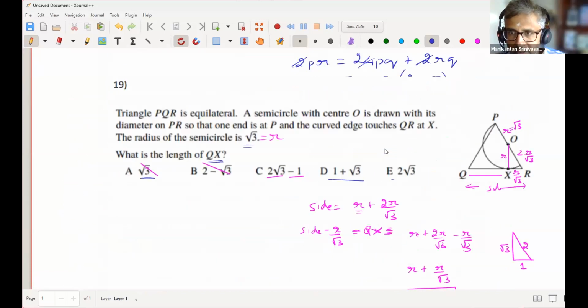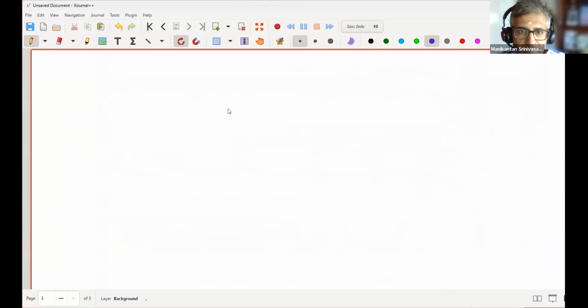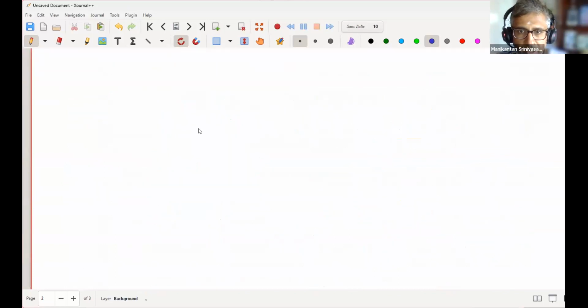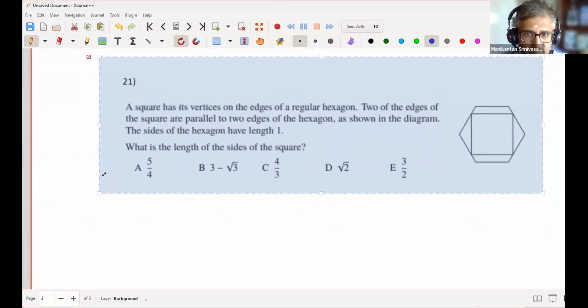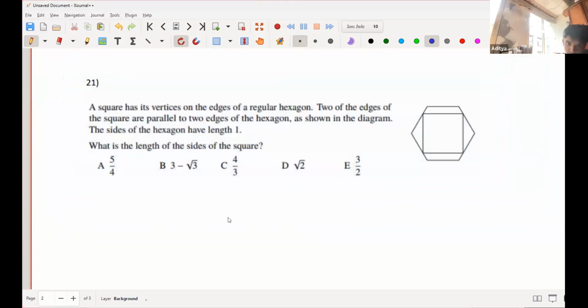Let me go to the extra space. That was question 20. 21 seems straightforward, right? Hexagon. Aditya, what did you get on 21? I did not get this one.